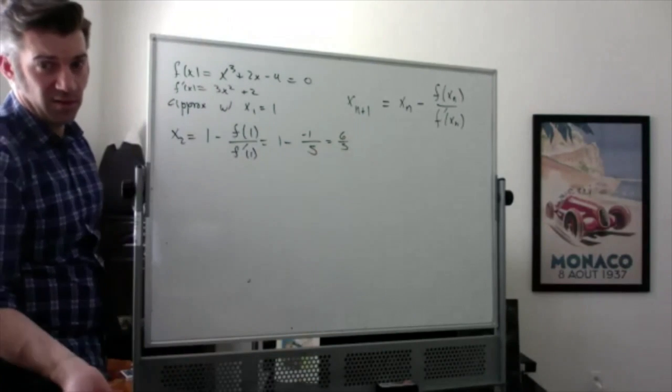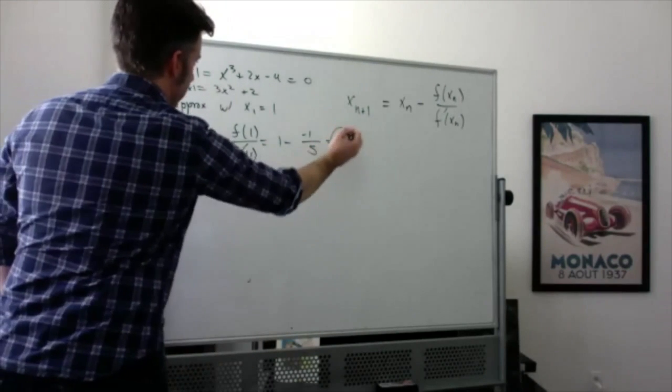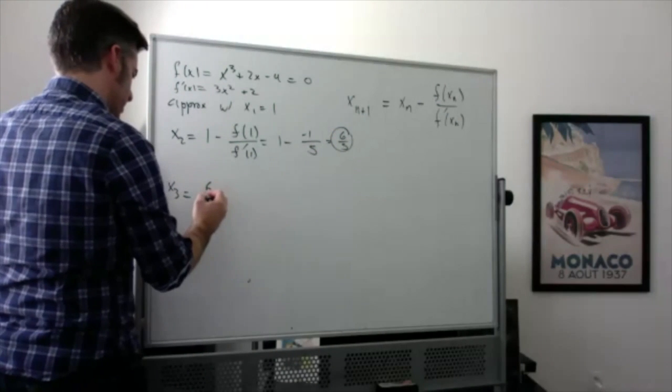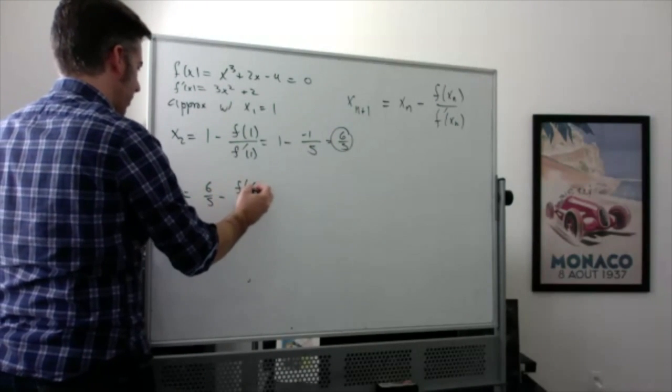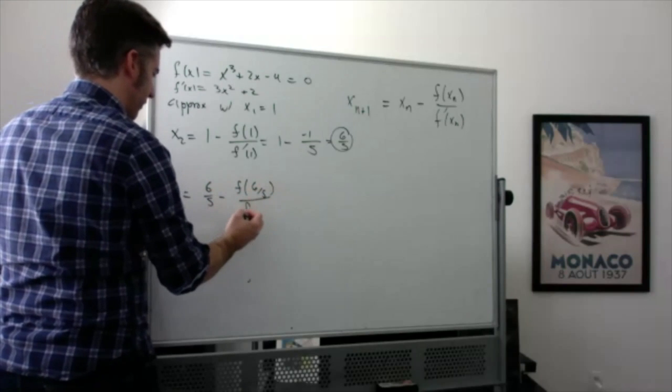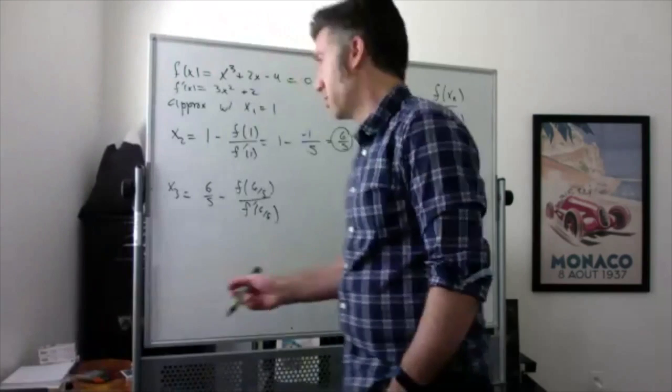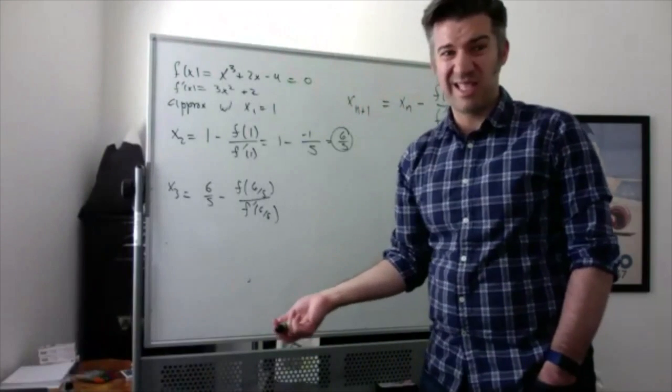And then we find the third iteration by plugging that into the next one. So x of 3 is going to be 6/5 minus f of 6/5 over f prime of 6/5. All right, this is where things get gross, because you're going to have to do 6/5 cubed.